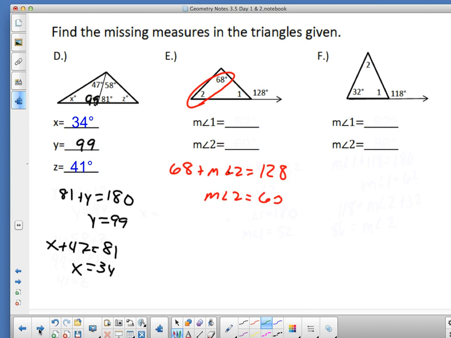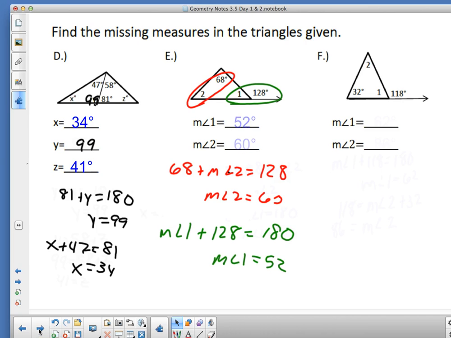Okay, I can find that there, 1 and 128 is 180. So this has got to be 52 as we step through. And those are my two values I should be looking for. We okay with those? Any questions, follow-ups at all?